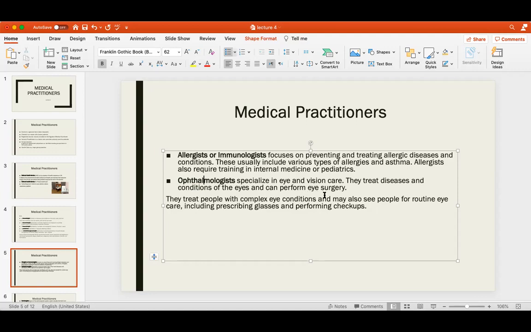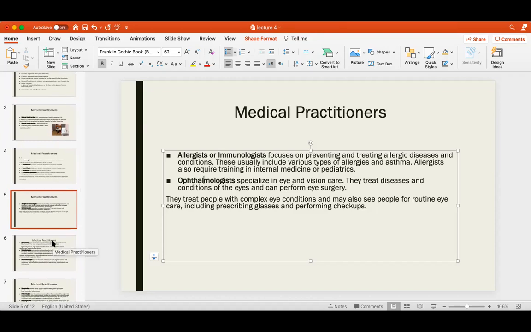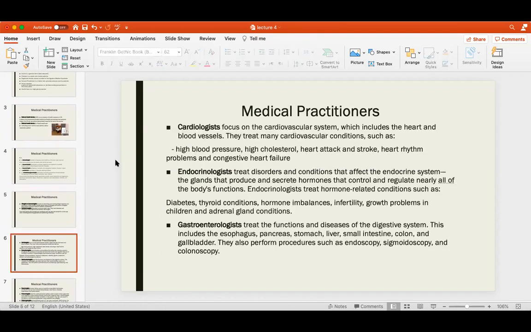So ophthalmology means علم البصريات in Arabic. They treat people with complex eye conditions and may also see people for routine eye care, including prescribing glasses and performing checkups. Cardiology, we have taken this word before.